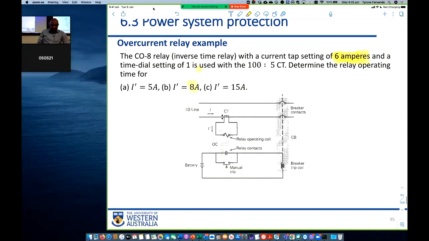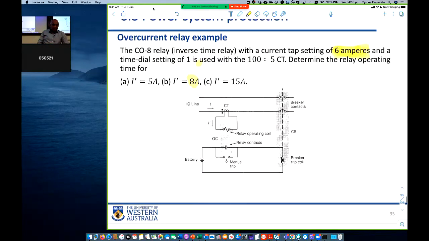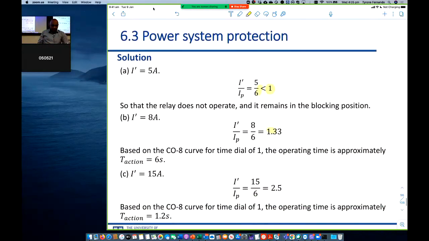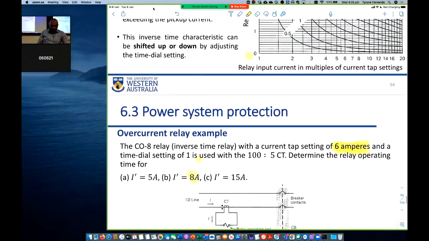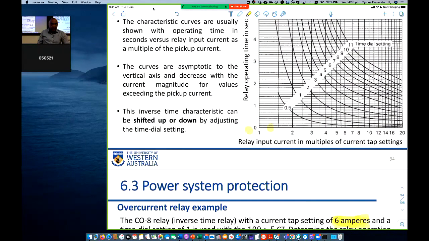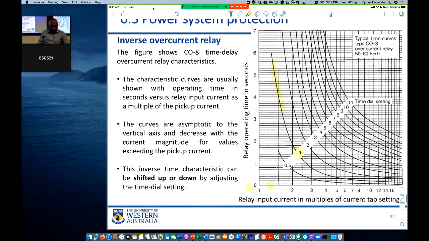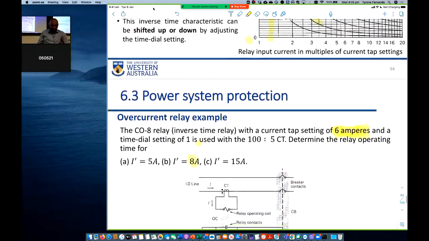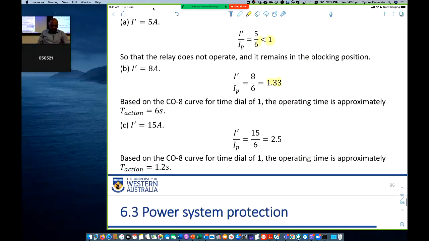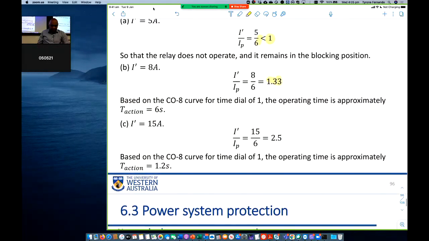But if the measured current is 8 amps, and the set value is 6, 8 over 6 is about 1.33, right? So 1.33 is somewhere here, and the dial setting is 1, right? So we are looking at this curve. That's the curve we are looking at. So we need to look up here and then look over there. So the relay operating time is about 6 seconds, right?